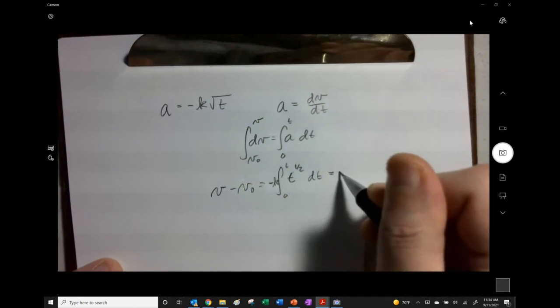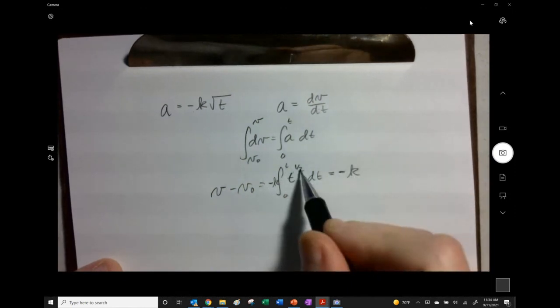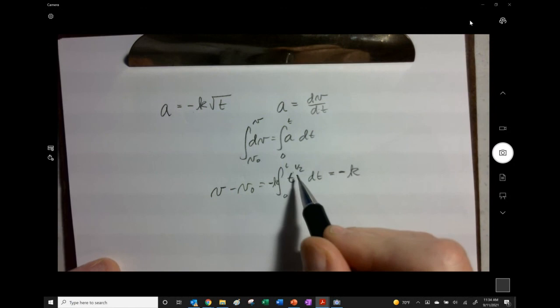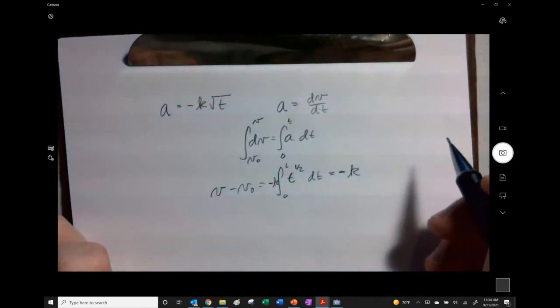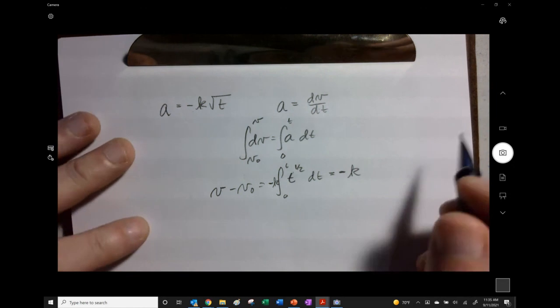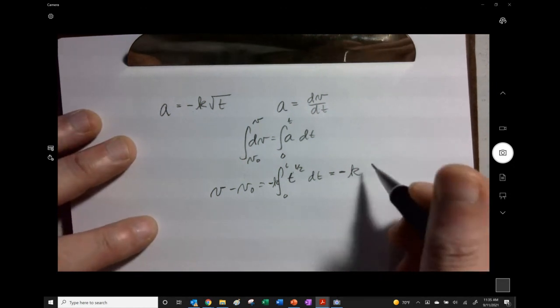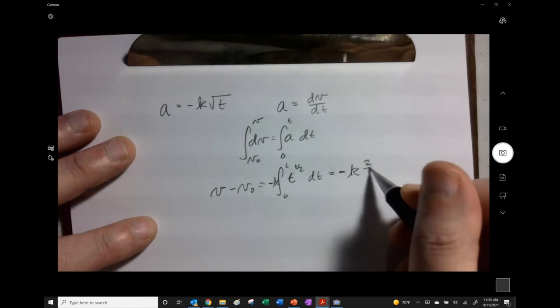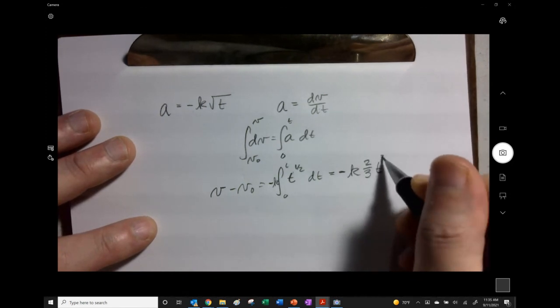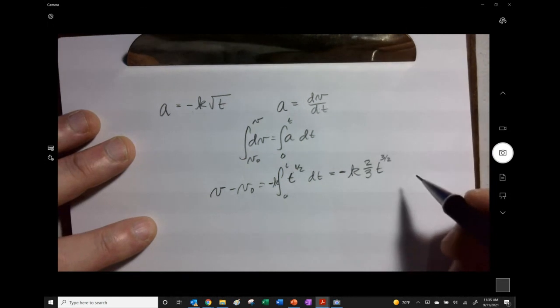So I know if I take the integral of t to the 1/2, I get 2 over 3 t to the 3/2.